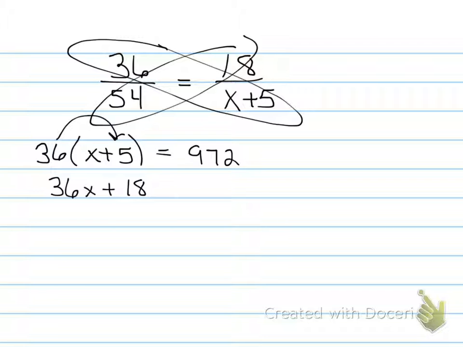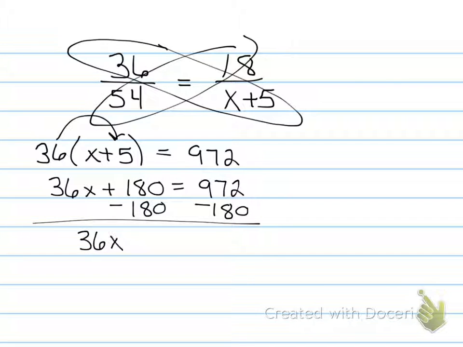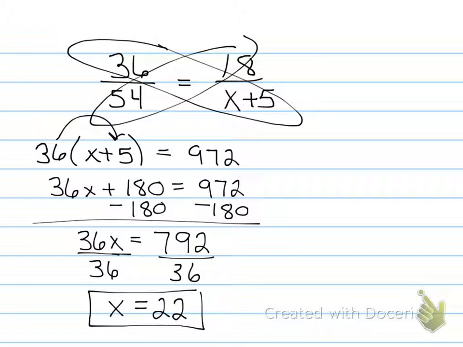Plus 180 equals 972. And now I solve this like a 2-step equation. Subtract 180 from both sides, divide by 36, and I get 22.